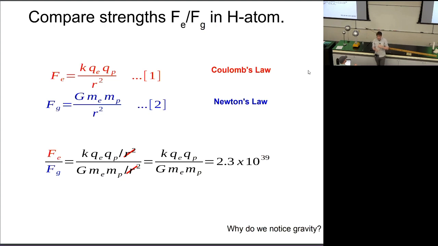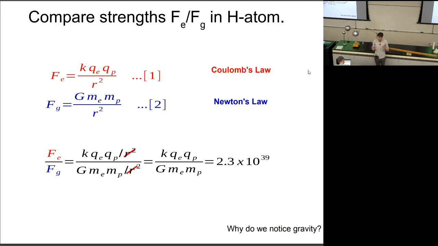Electricity, on the other hand: you've got electrons and protons in you, and electrons and protons in the Earth. Sometimes, if it's an electron and an electron, that'll be repulsive. Sometimes, if it's an electron and a proton, that will be attractive. When you add up all the electrical forces between all the individual electrons and protons in the Earth and in you, there's lots and lots of cancellation. Overall, because you're neutral and the Earth is neutral, there's no net electrical force.